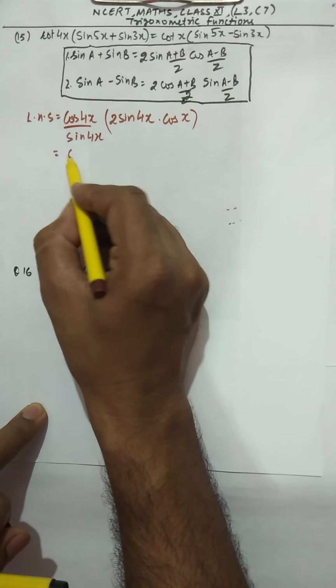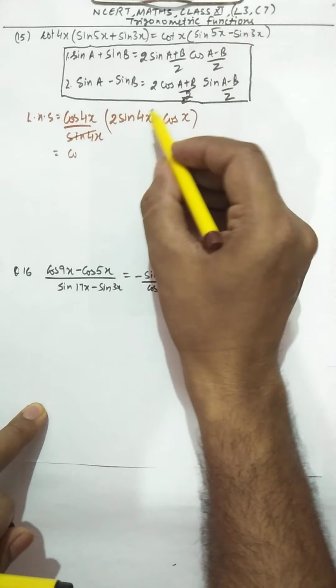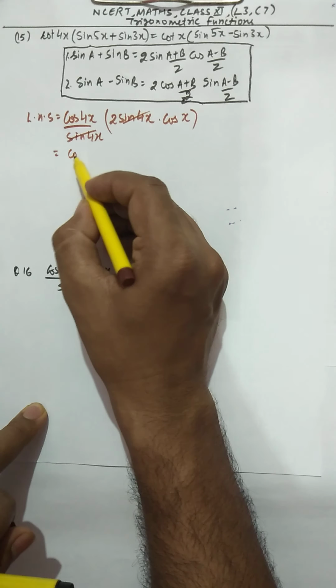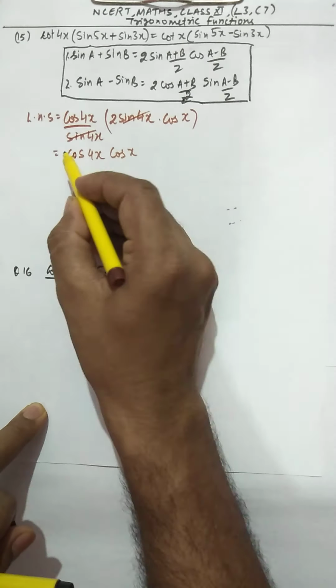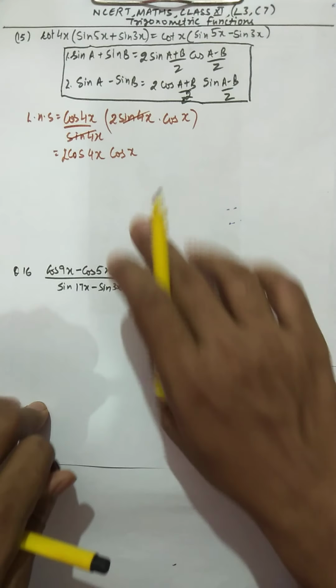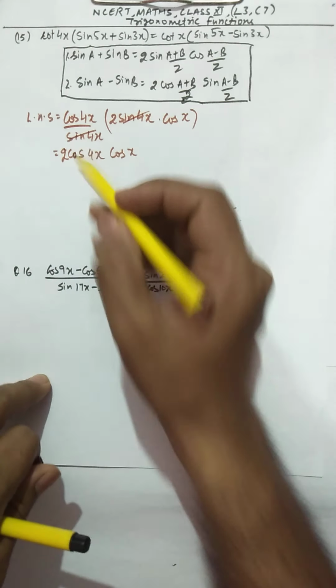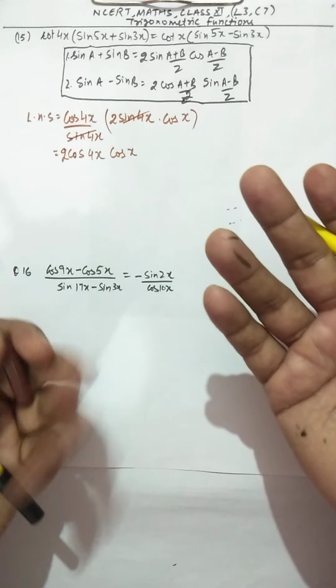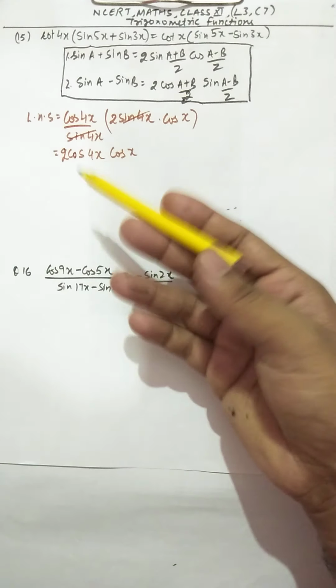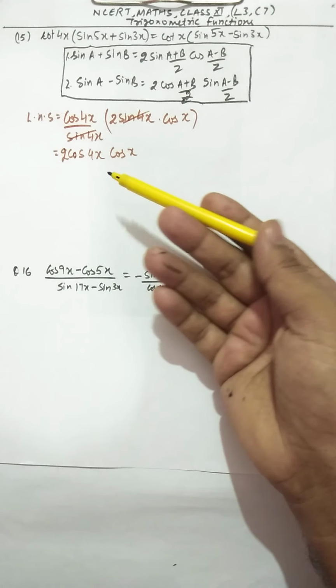Now you can see that sin 4x can be cancelled. So this is 2 cos 4x cos x. You can simplify this further, but better we solve RHS and show that RHS is also equal to 2 cos 4x into cos x.